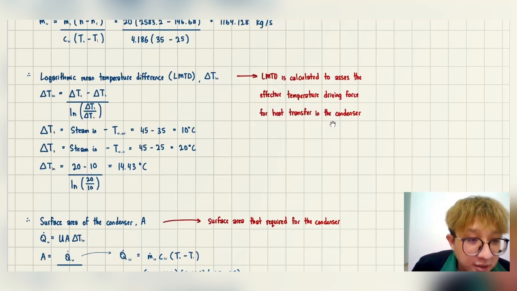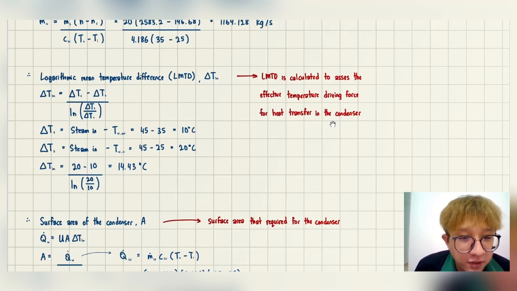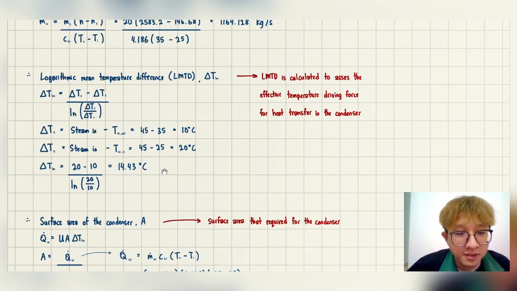Delta T1 is the temperature of steam minus the temperature of cooling water at the outlet, and delta T2 is the temperature of steam minus the inlet temperature of cooling water. So the logarithmic mean temperature difference is 14.43 degrees Celsius.